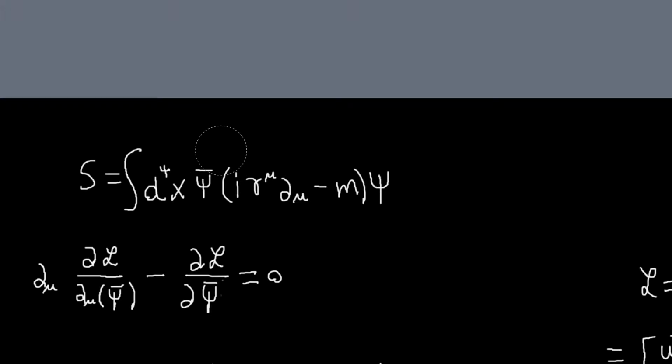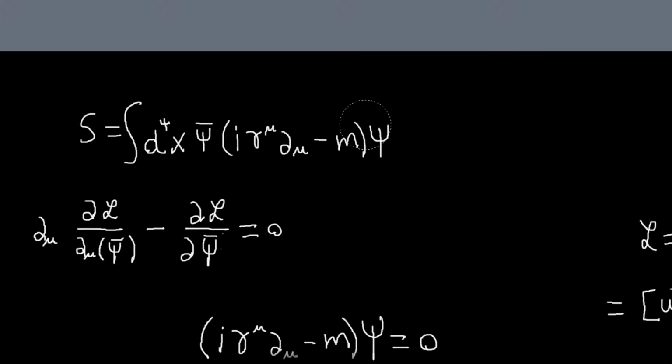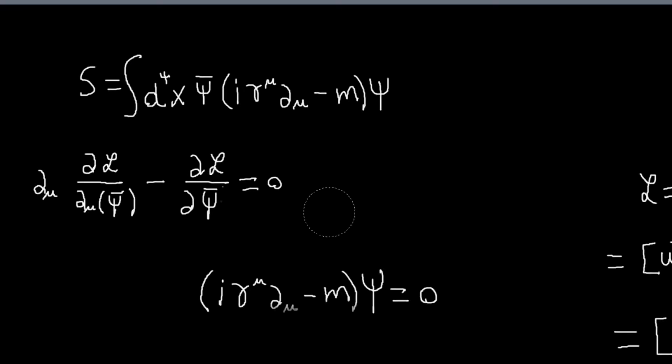And we just have the psi bar multiplied by all this, so this equation just becomes this thing equals 0. And this is the Dirac equation.